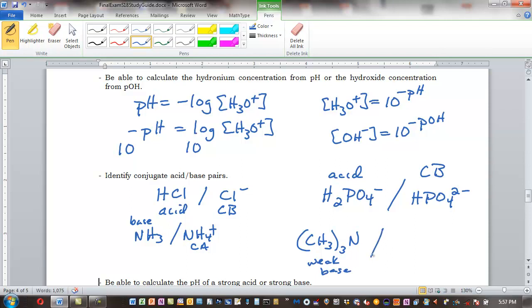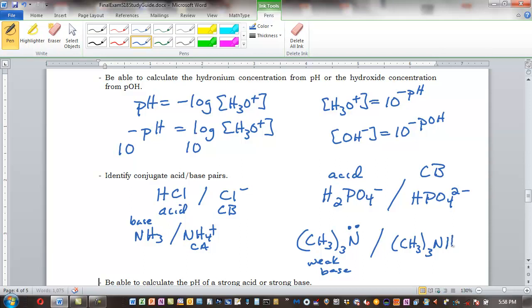What would the conjugate acid of that weak base look like? Okay, so the acid is going to have one more H+. That H+ is going to be bonded to the nitrogen. Remember, it's a nitrogen that has a lone pair that can accept the H+.